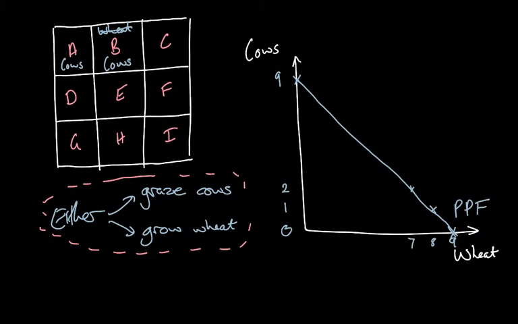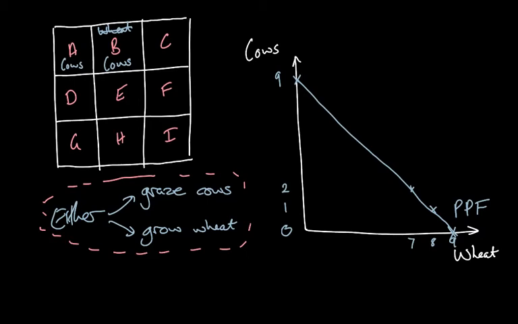So we've got 9 units of wheat, 0 units of cows, 8 units of wheat, 1 unit of cow, 7 units of wheat, 2 units of cows. We would also then have other points for 3 cows and 6 wheat, 4 cows, 5 wheat, 5 cows, 4 wheat, and so on, all the way up the line until we reach this point here where there are 9 units of cow production and 0 of wheat. So that is his PPF.